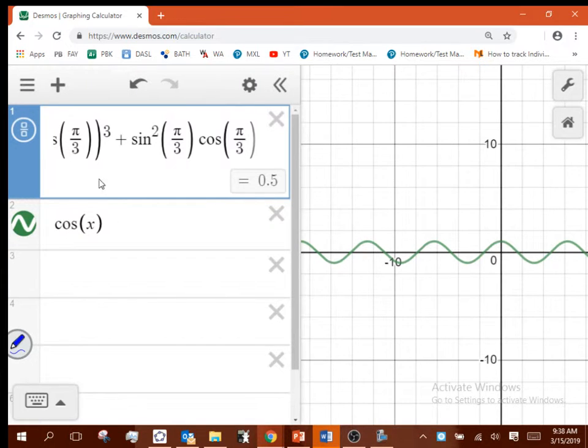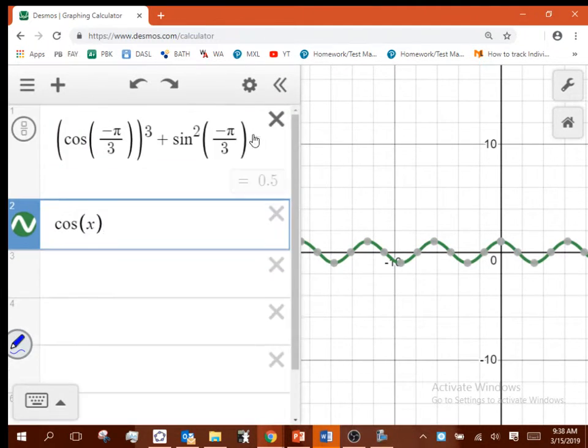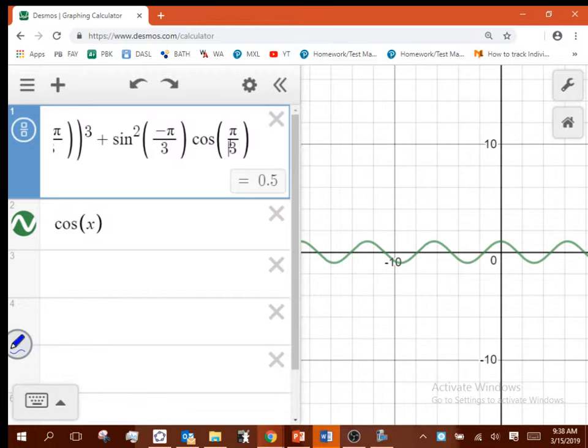Now, we said negative pi over 3 should work as well. Oh, there we go. Put a negative in there. Okay. Now, here's my question. How come it doesn't matter whether I put a negative there or a positive there? Because it's just evaluating to the same thing.